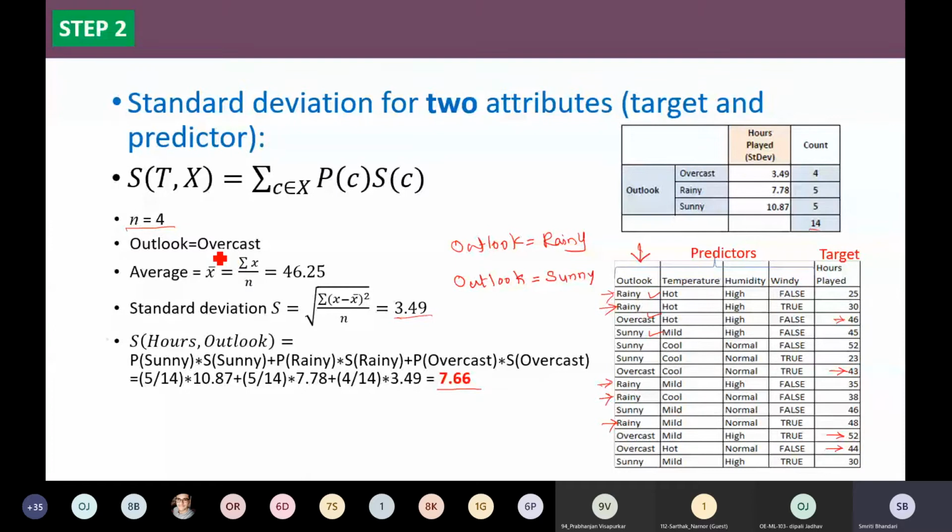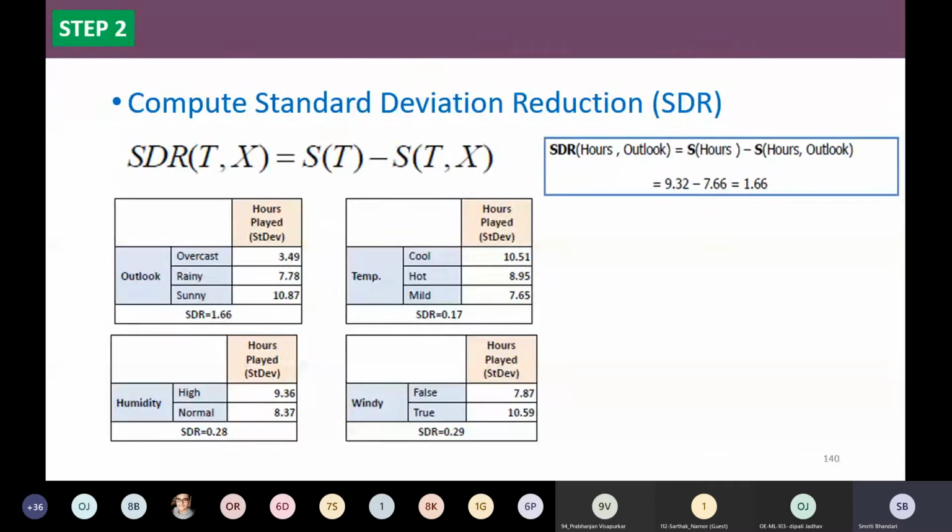So this is the statistical computation for attribute outlook. Similarly, we are supposed to compute the standard deviation for temperature, humidity, and wind with respect to these target attribute values.